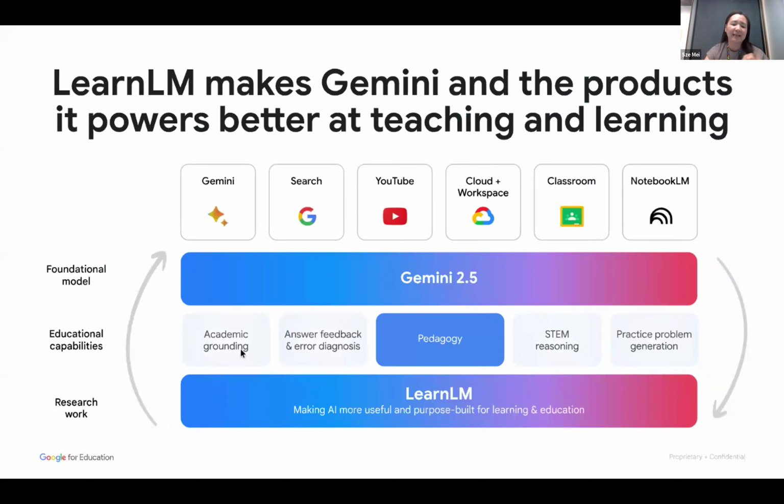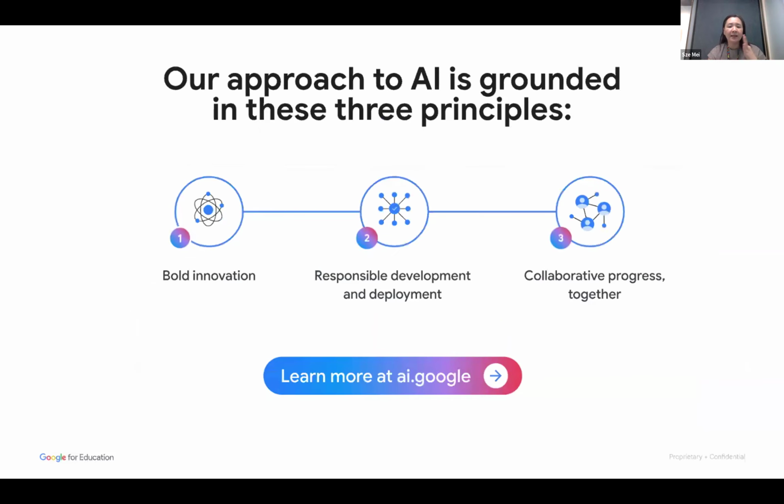The subset of it is based on academic grounding, answer feedback, error diagnosis, pedagogy, STEM reasoning, as well as practice problem generation, right? So all the research work behind all the outputs comes from the LearnLM model. Our approach to AI is grounded on three principles: bold innovation, responsible development and deployment, and ultimately collaborative progress together.